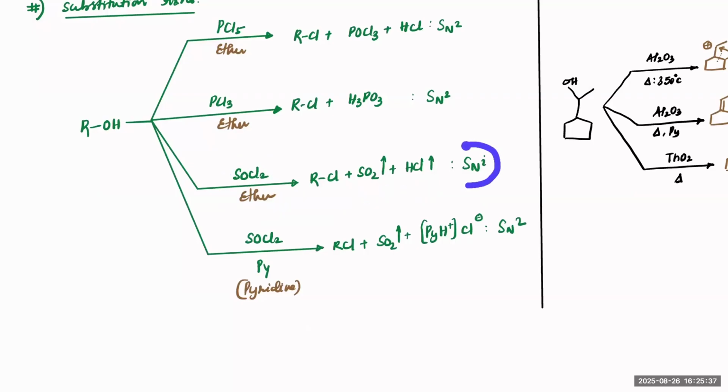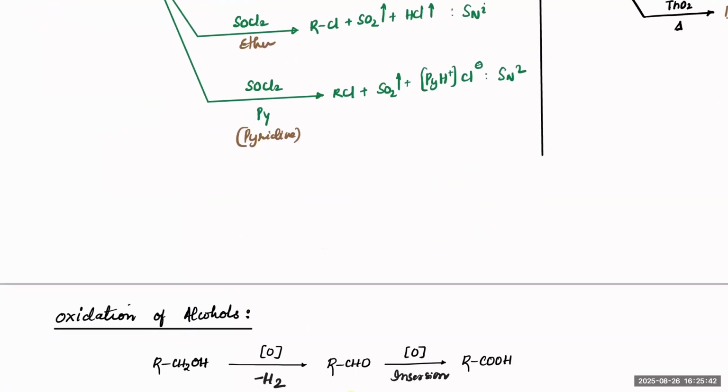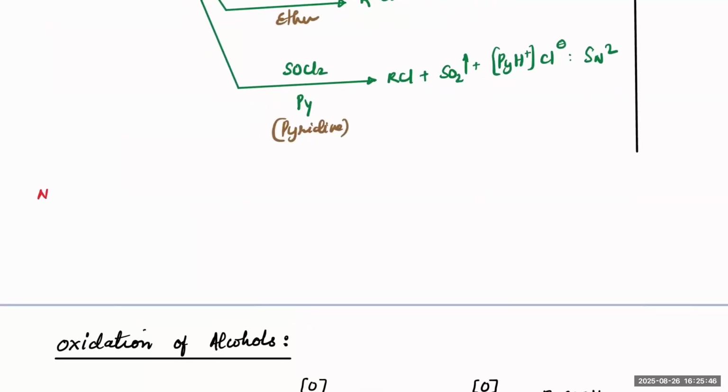Next, if you take SOCl2, you will get RCl, SO2 and HCl. This type of mechanism is called SNi. Let me remind you, we discussed this in alkyl halides. I'll just quickly remind you what would happen here. Let's say I have CH3, with a configuration, CH3 here, H here, deuterium here, and OH here.